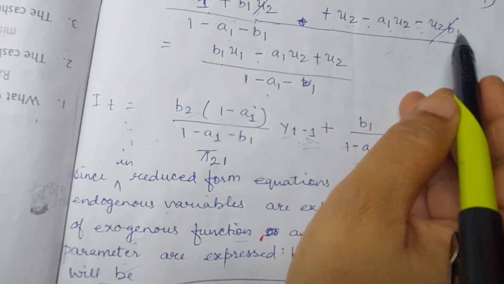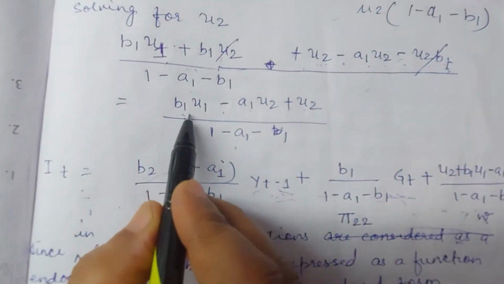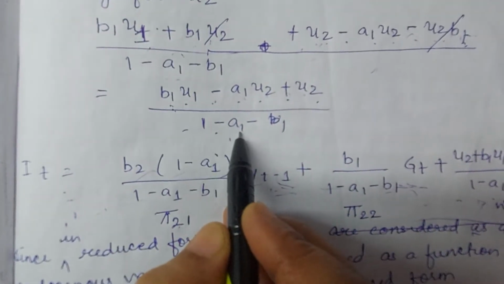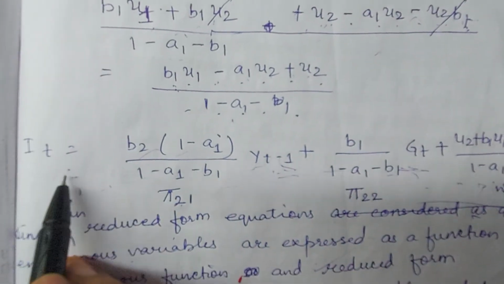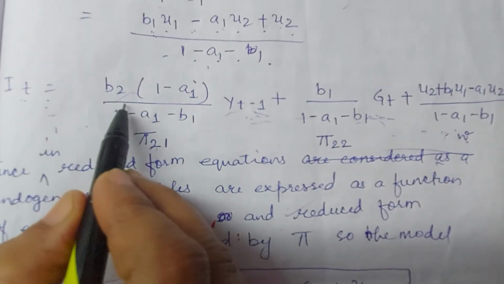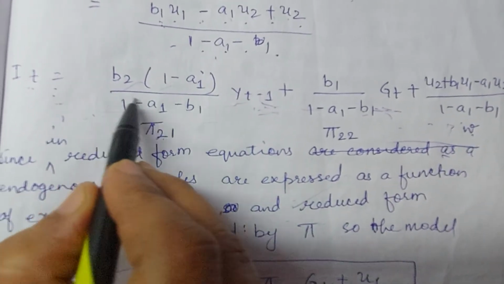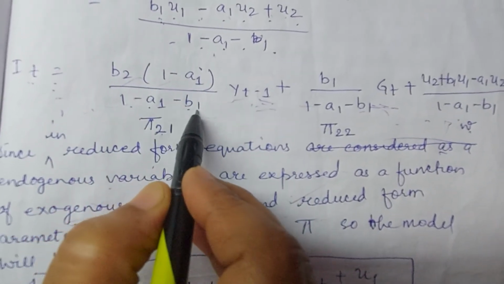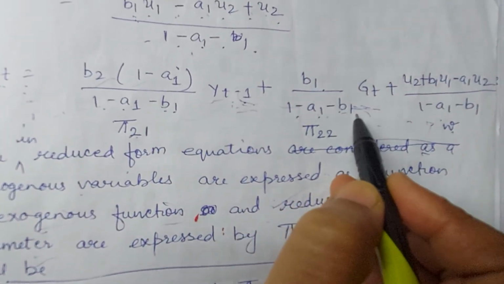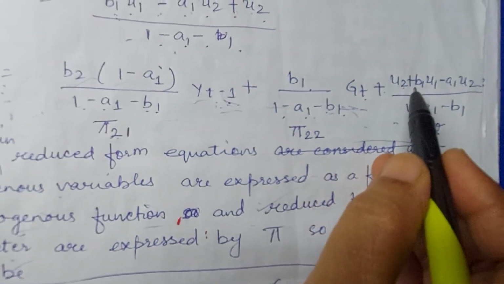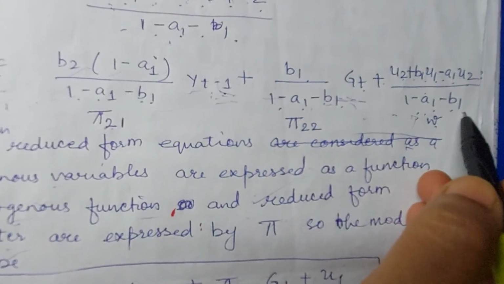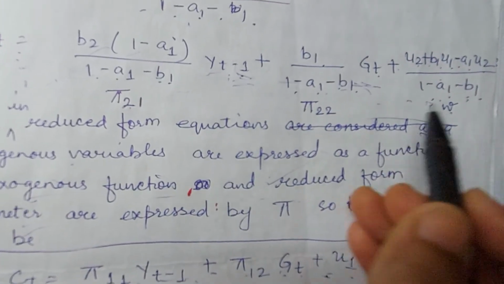These two terms will cancel out and we have only b1 mu1 minus a1 mu2 plus mu2 upon 1 minus a1 minus b1. So now what equation are we left with? It is equal to b2 times 1 minus a1 upon 1 minus a1 minus b1 Yt minus 1 plus b1 upon 1 minus a1 minus b1 Gt plus mu2 plus b1 mu1 minus a1 mu2 upon 1 minus a1 minus b1. This is the error term.